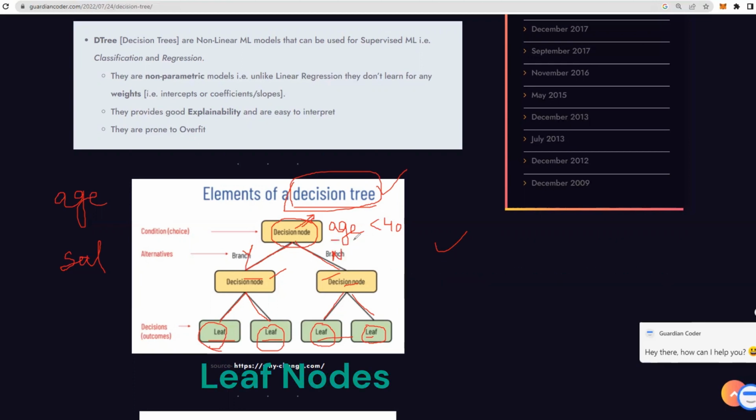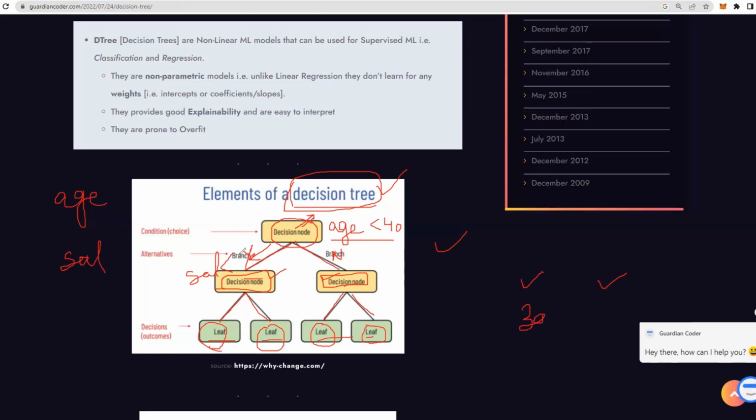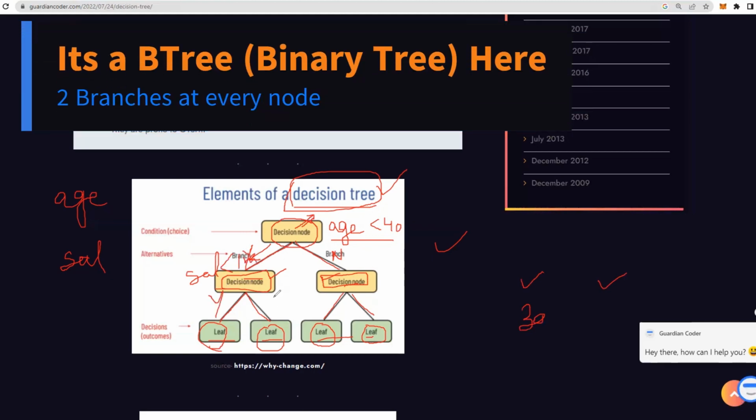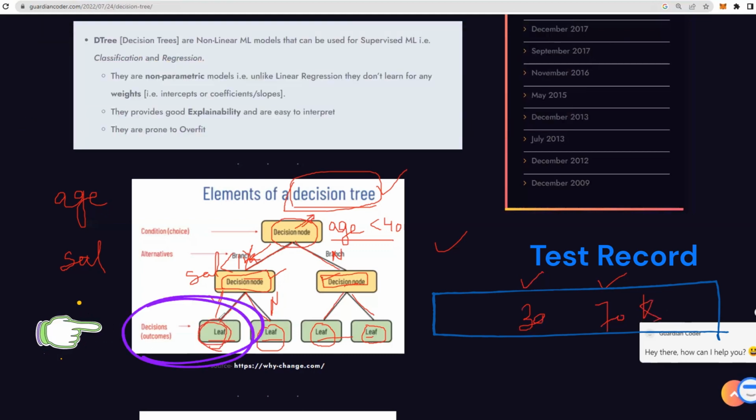Based on this, for a given person coming to ask for a loan, we first check his age. If he is 30 years old, we will go to this side because age is less than 40. Then here we will check that person's salary on these two nodes. Let's say monthly salary: is it less than 1 lakh, yes or no? If the salary is, let's say, 70K per month, he will ultimately land in this path of the tree.